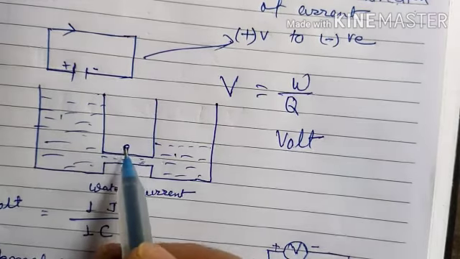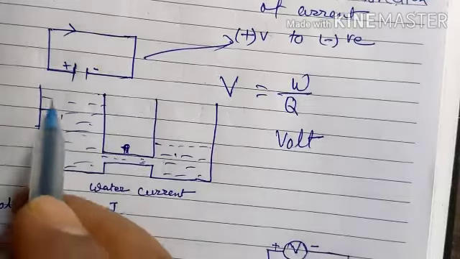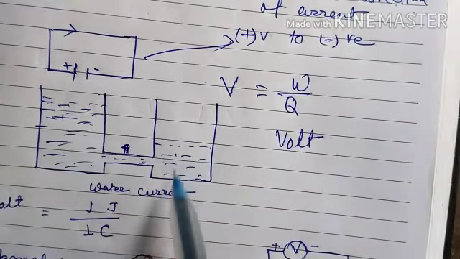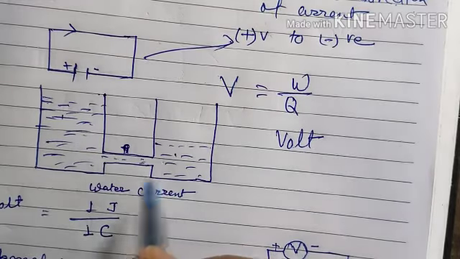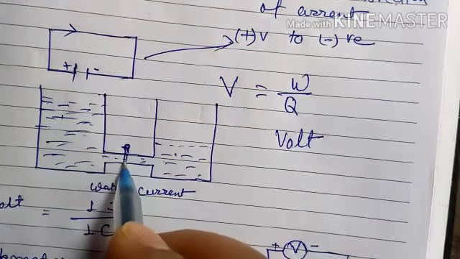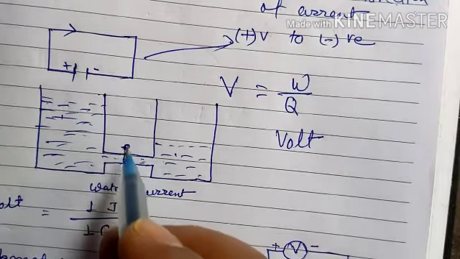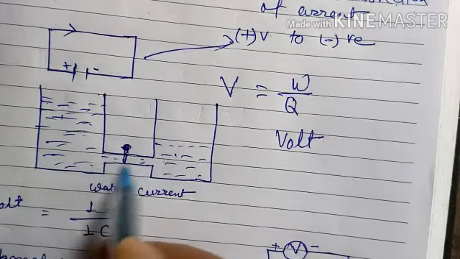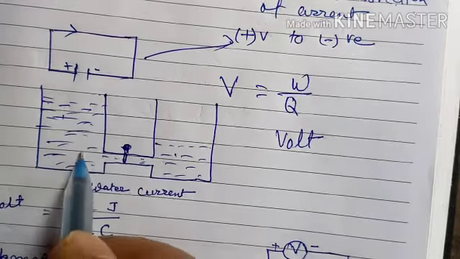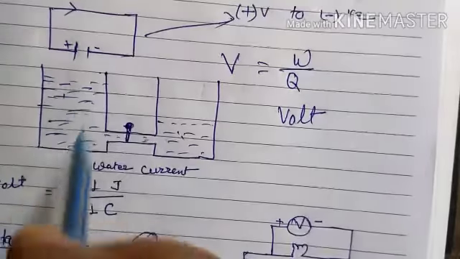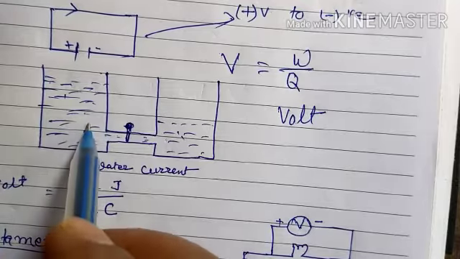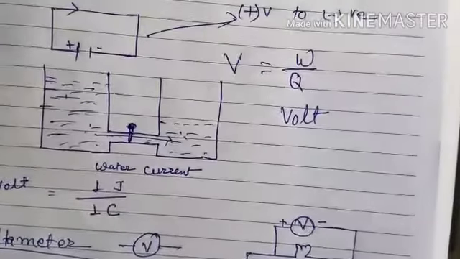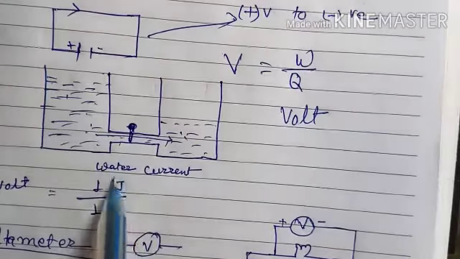If we fill one container with water and another container with less water, and the pipe is open, the water will start moving from this container to the other container, and this is known as water current.